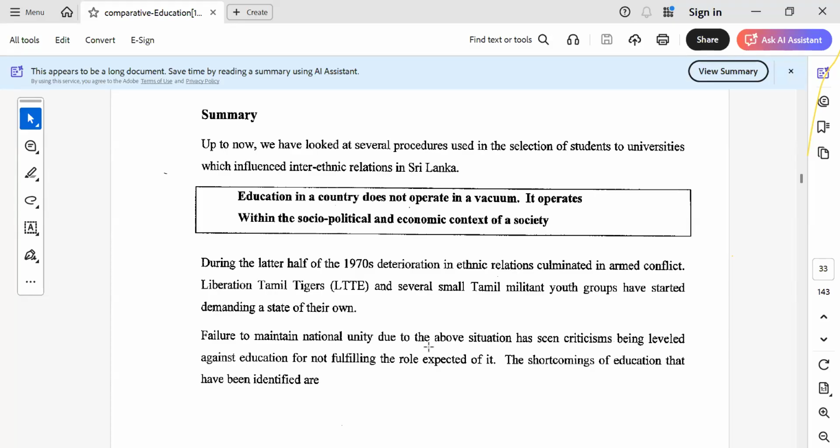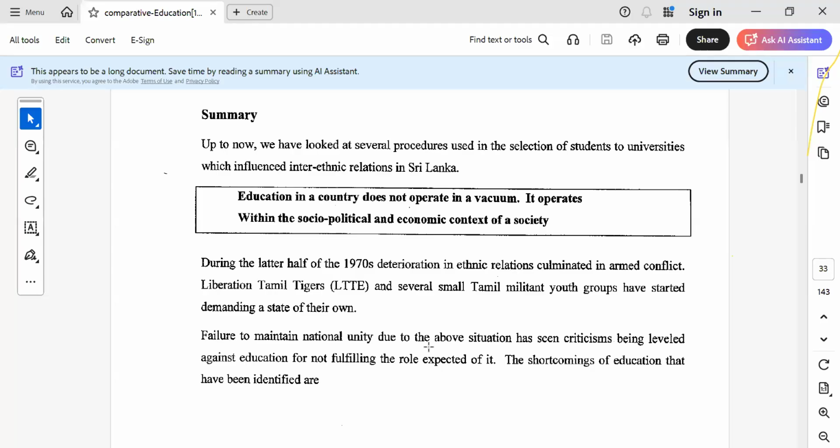Liberation Tamil Tigers and several small Tamil militant youth groups started demanding a state of their own. Right? So all of a sudden, they reduced the number of students entering the university. So that will make the conflict, right?